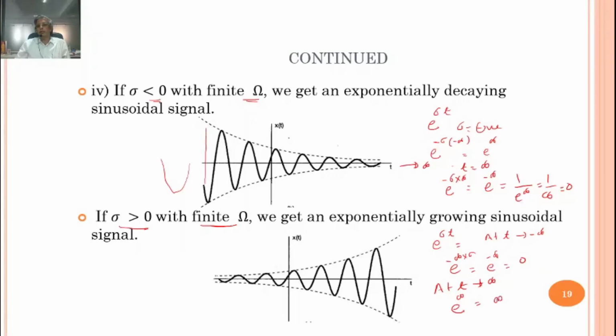As t approaches infinity this signal is continuously increasing, and hence this signal is called an exponentially growing sinusoidal signal.